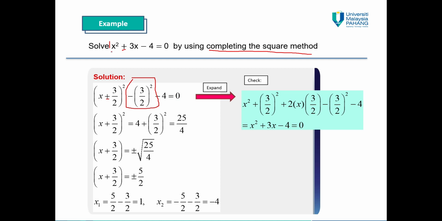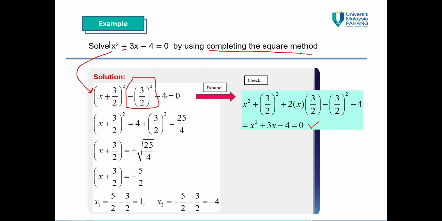Okay, so this equation is equal to this equation. So you can check by expanding this equation. So if you expand, you are getting the original equation. Okay, so the coefficient of x we divide by 2 and then write down in this form. Second step is, so this one doesn't change, so x plus 3 over 2 square.